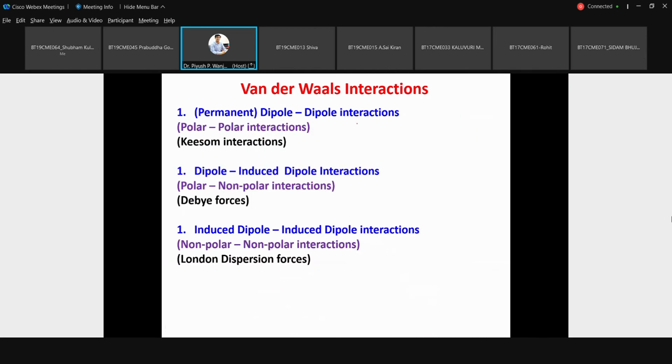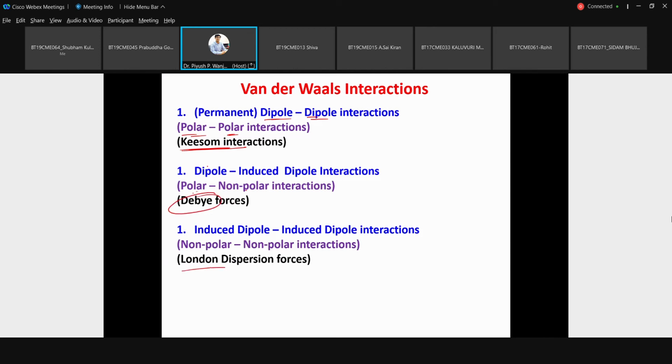So if you summarize these three things, between water molecules there are dipole-dipole interactions, which are also called polar-polar interactions. Especially they have the name Keesom interaction. Between the polar and non-polar, water and methane, there are these kind of Debye forces.